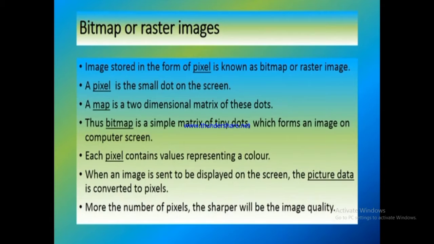We get facilities for setting the screen resolution. In that, the more the number of pixels, the more the sharpness of our computer screen. The lowest resolution will be 800 by 600 and in Windows 7 the highest will be 1360 by 768.